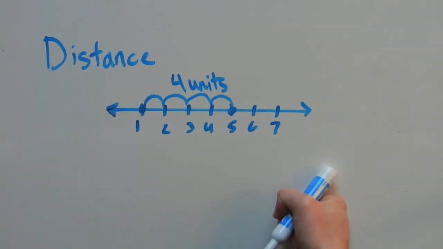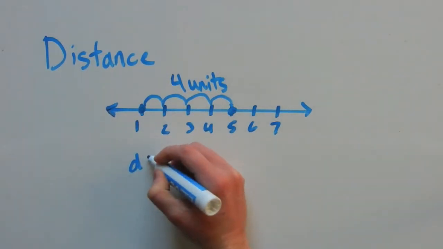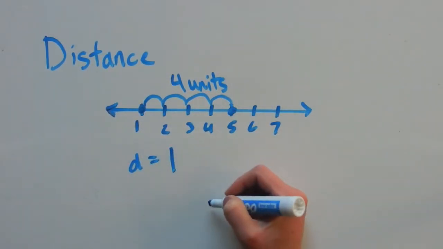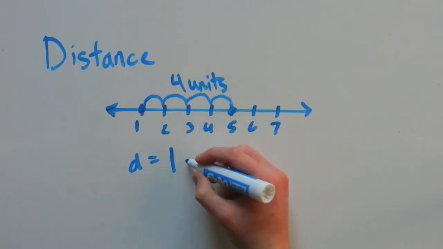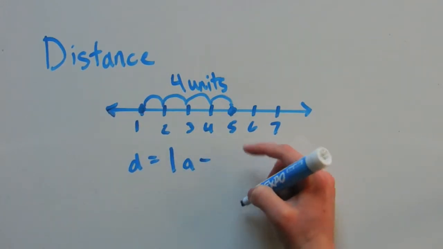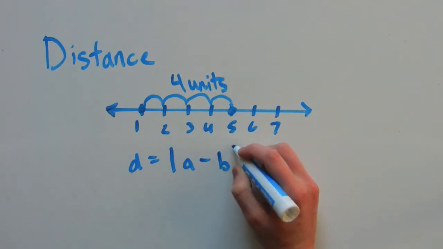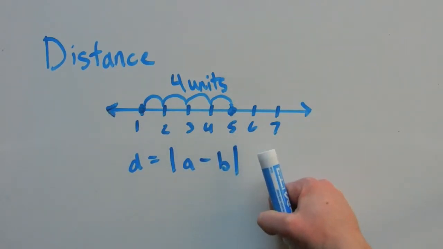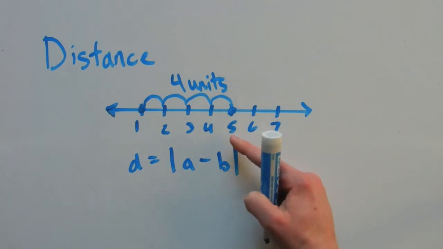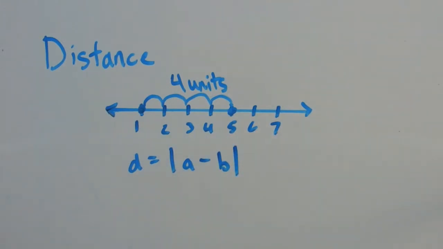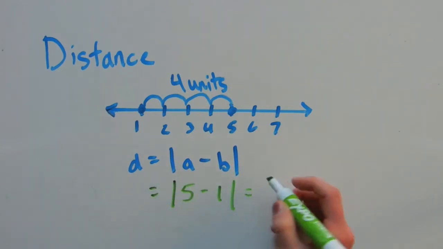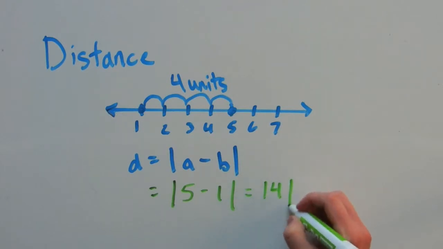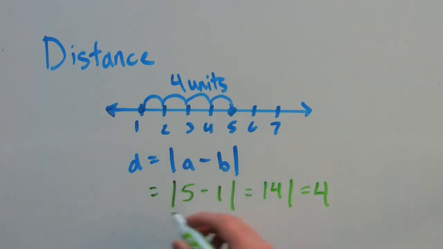Finding that, the distance d is just equal to the absolute value of one point, so let's call that point A, minus another point, call that point B. So if we were to start at 5 and find the distance to 1, it would just be absolute value of 5 minus 1, which we know to be the absolute value of 4, which is a positive 4.